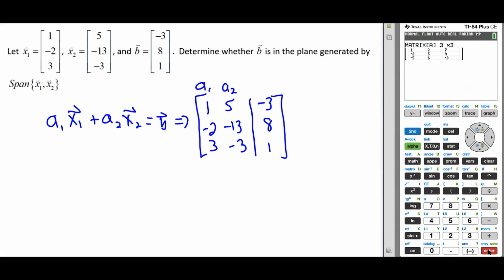It's 3 by 3, very similar to the last one we did. I'm going to use the RREF function on matrix A, and I get this.